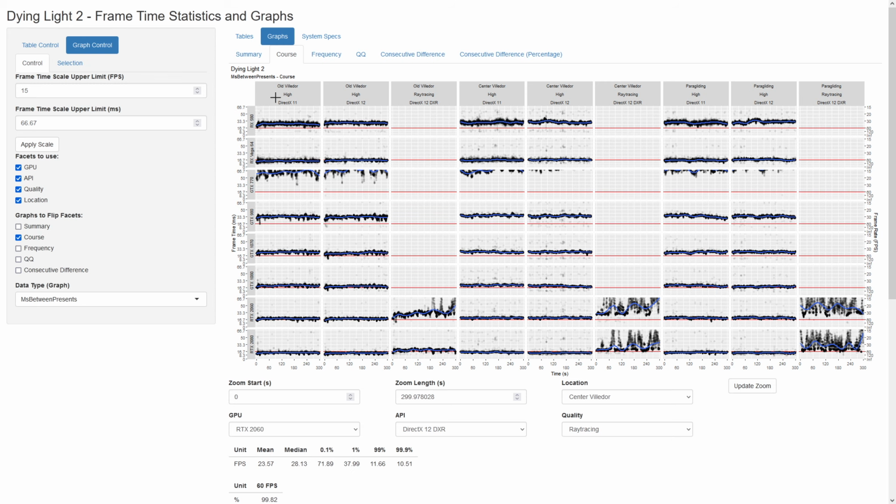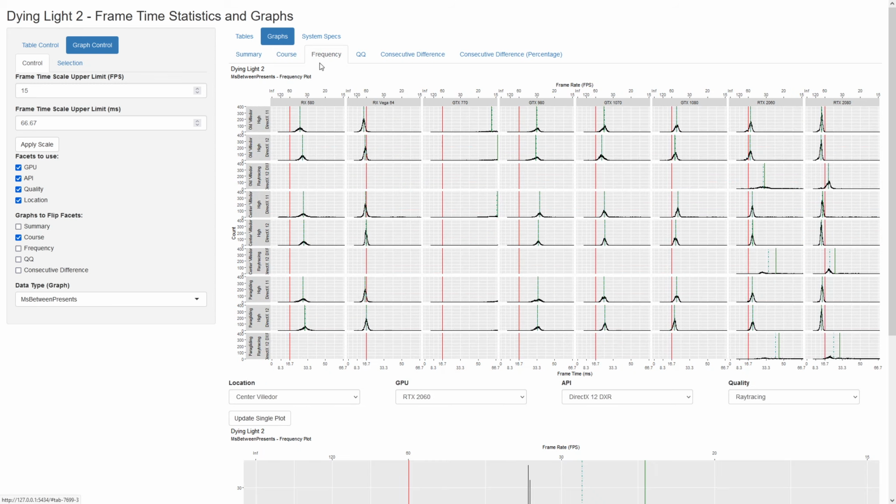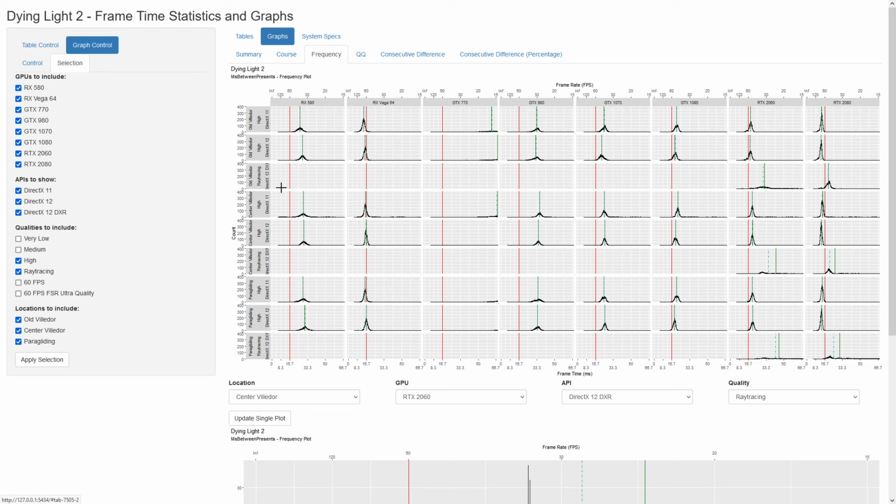But let me show you something else. I want to show you something, because it is actually really cool, and I want to do it with the frequency, because the frequency graph is actually the fastest to render out, and we'll cut it down. Because these 4 GPUs are basically all in the same class. I consider them all to be 1440p class GPUs.